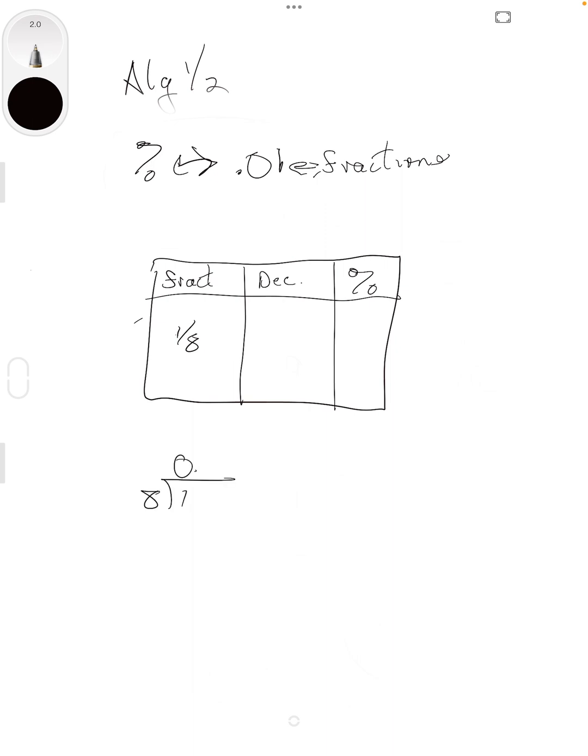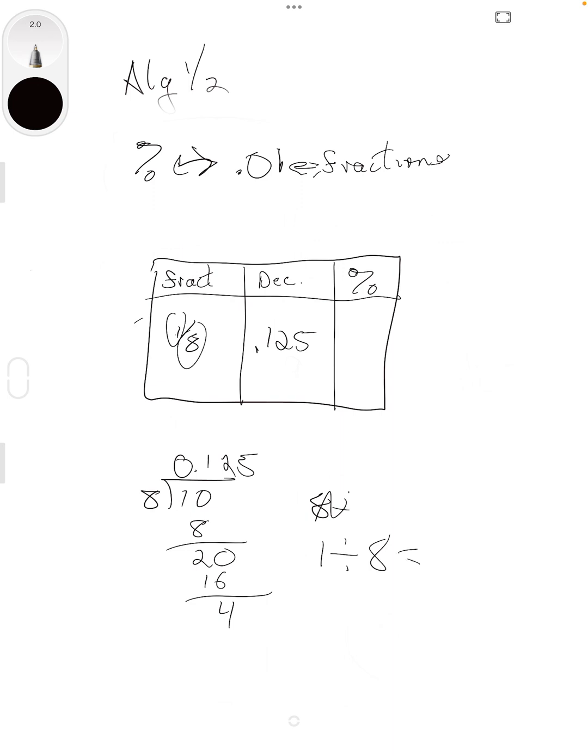How many times? 0. 8 goes into 10 one time, carries 2. 8 goes into 20 twice, that's 16. Drop the 4, and 8 goes into 40 5 times. So 0.125. So I do my long division, or I take a calculator and I just say 1 divided by 8, top divided by bottom, equals, and I'm going to hit my calculator, bingo, 0.125.